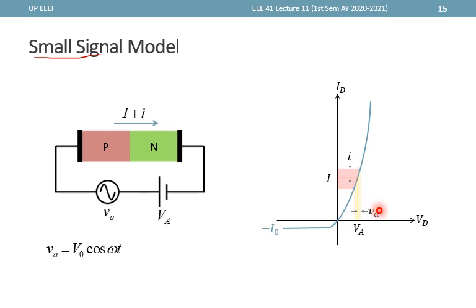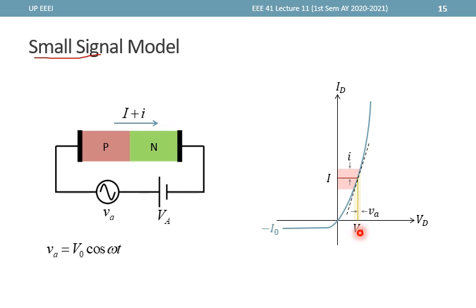Now, note that the amplitude of the additional current is related to the amplitude of the input voltage via the slope of the curve at that point.